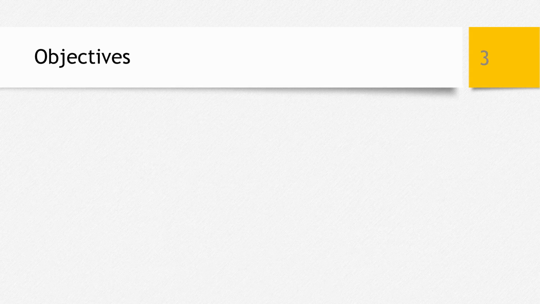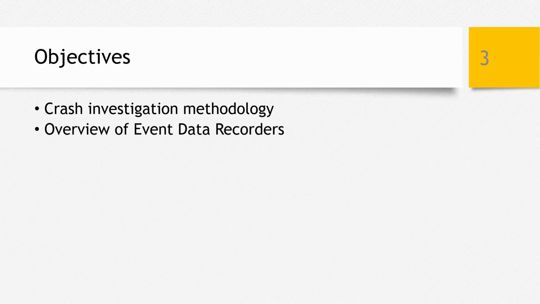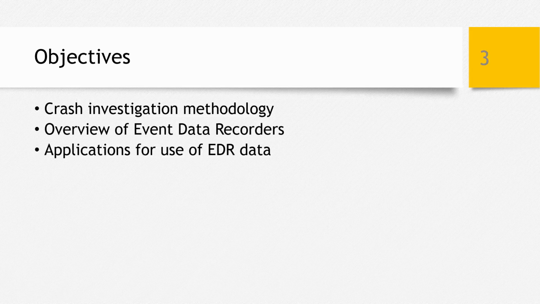So for our objectives today, we'll briefly be going over crash investigation methodologies, what you're doing now and what else is available to you and out there. We'll be giving a brief overview of event data recorders, what they are and how they're used. We'll discuss some practical applications of how you can use EDR data to enhance your traffic accident investigations.